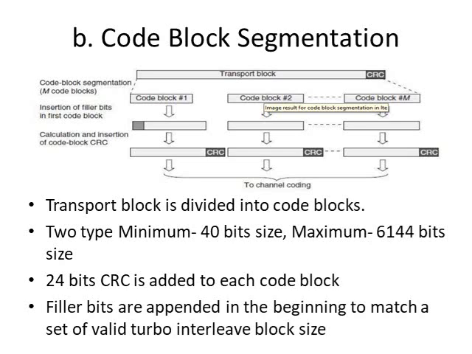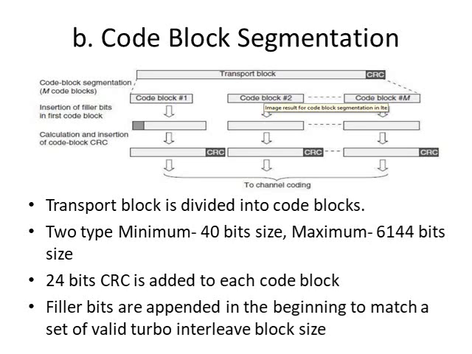We have the next stage called code block segmentation. In the previous stage we added the CRC to the transport block, as you can see in the figure. Now the transport block plus CRC, which we received from the first stage, is further divided into code blocks in the code block segmentation stage, and the code block size can be of 2 different types: minimum size and maximum size.